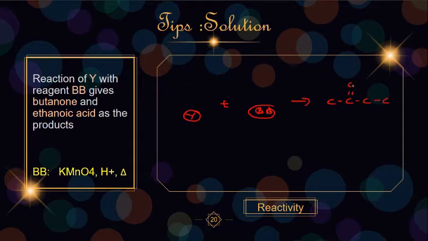Okay, this is butanone, plus ethanoic acid, CH3 C double bond O OH. So this adalah ethanoic acid. This one is butanone. This one is ethanoic acid.